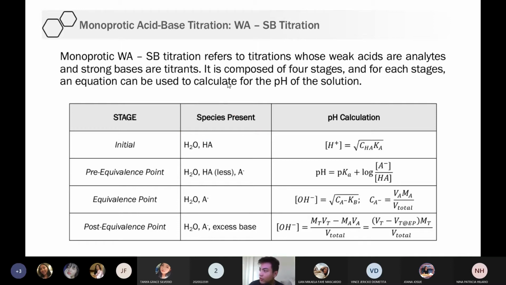Kasi pag di nyo alam kung ano yung species that is present in our solution, hindi mo alam yung magiging equation, no? Okay? So, ganun. Yun yung importance ng knowledge ng species present, no, to the pH calculation process.